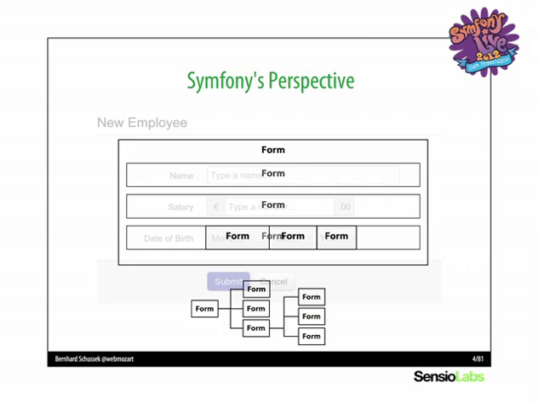And down below, if you can see the laser pointer, you see the tree representation. On the left side there is the big form, the root form, and every one of the fields in the form is a child node of that form, okay? And last but not least, we have 3 different drop-downs within the date field, which are also represented by form instances. Okay, so you end up with this nice, simple form tree.